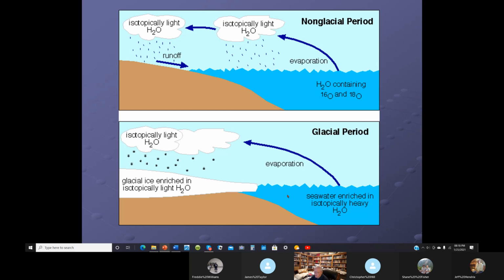So they're going to have more of that. That's how they come up with this view about the temperature, the temperature being what they claim it to be. And that's probably pretty good evidence. Are there questions about that?